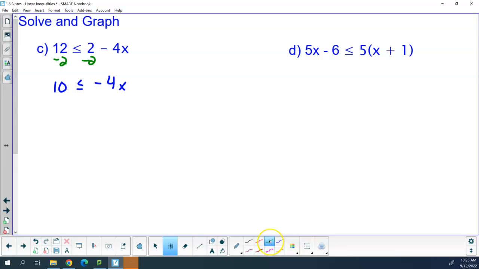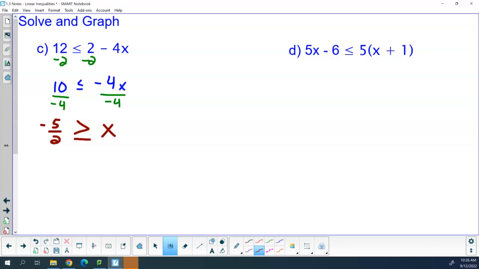Then I would divide both sides by negative 4. Again, saying to myself, ding, ding, ding, that is going to flippity-floppity my inequality. And 10 over negative 4 is a reducible fraction, negative 5 halves. Both can be divided by 2.